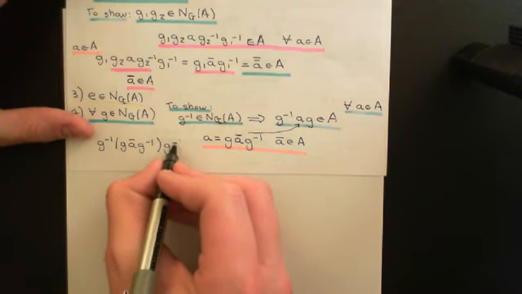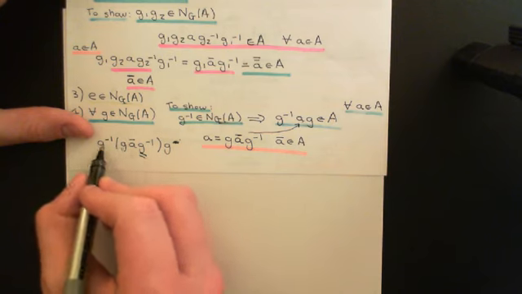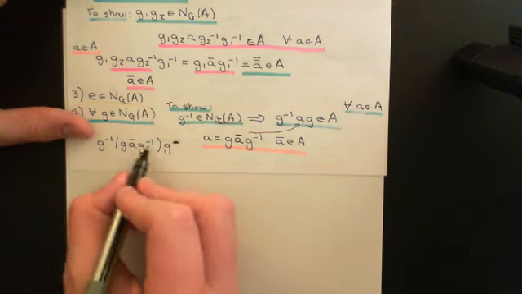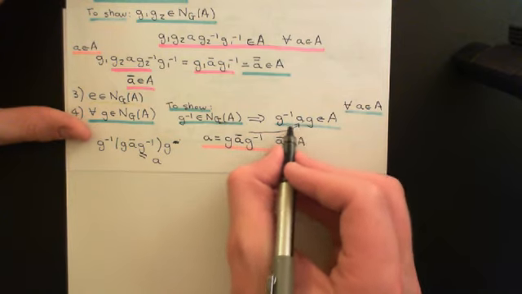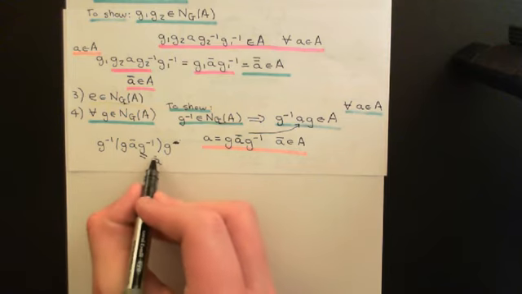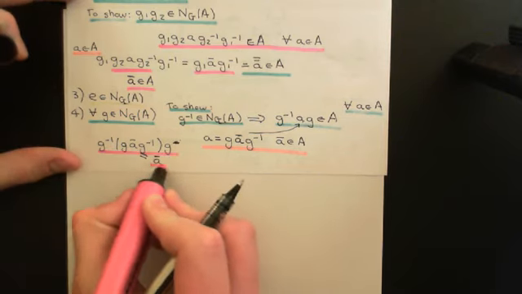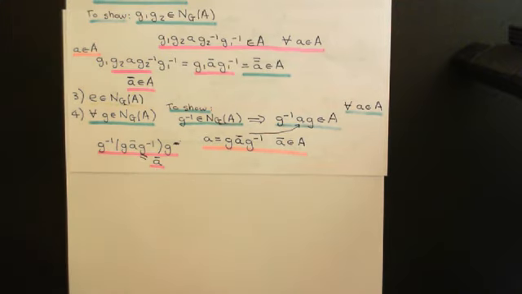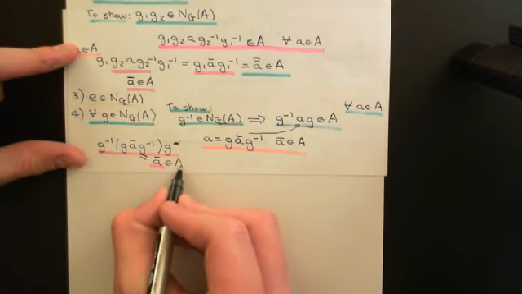Now what I can do is just cancel the g inverse and the g here, and the g inverse and the g here, and get that the answer to what the g inverse conjugate of this element little a is equal to is little a bar here. So this is the element that you could conjugate by little g to get the element little a.